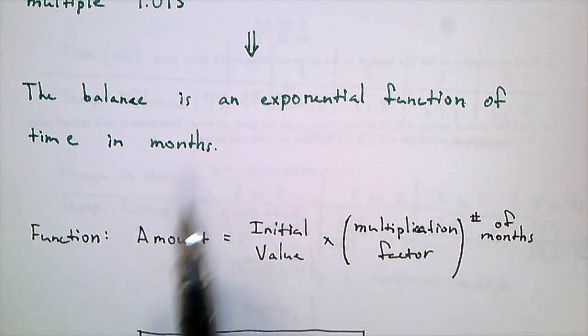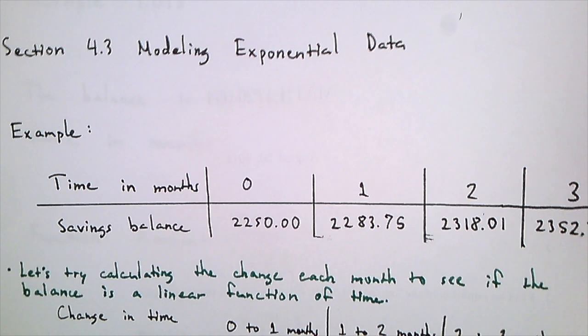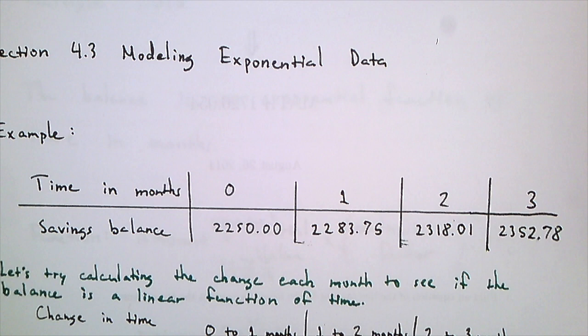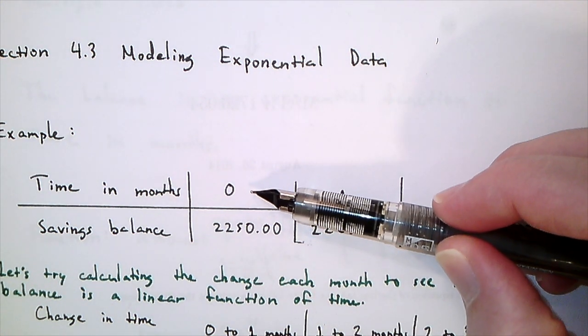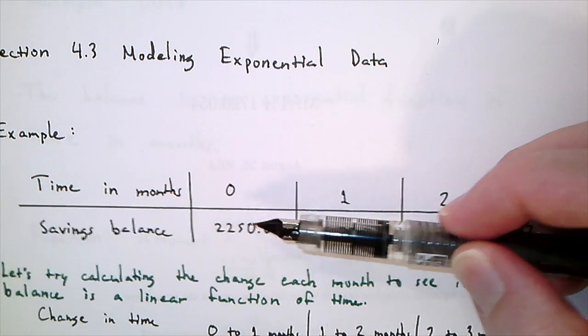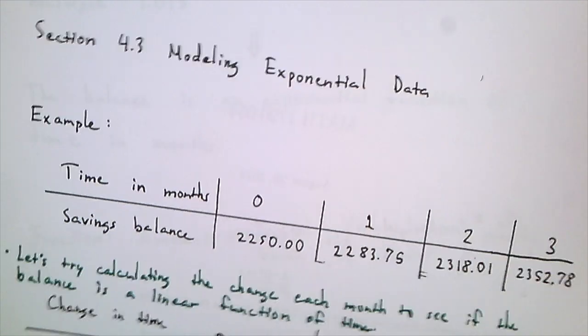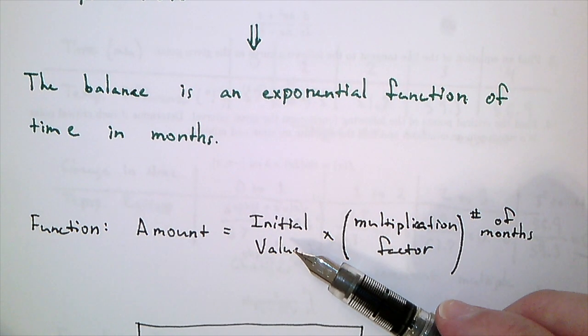Now, with this written out, we can plug in our initial value and our multiplication factor. The initial value, we can read off the account balance data because it's given to us. At month 0, initially, the account balance was $2,250. So that's the number that we'll plug in for the initial value.